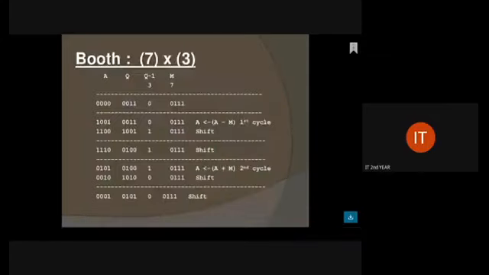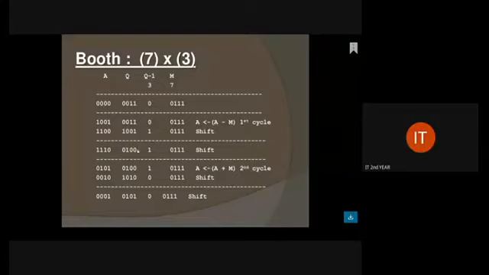Now we will get a clear idea. Suppose the given multiplication sum is 7 into 3. We are dealing with unsigned integers 7 and 3. Now we will assign A, Q, M and Q minus 1. M is the multiplicand and Q is the multiplier.